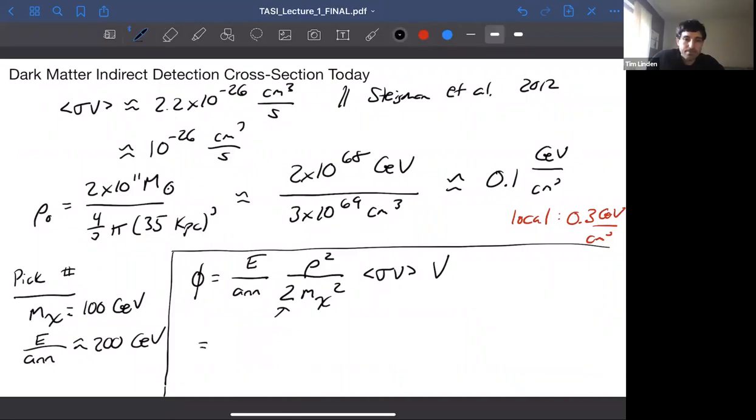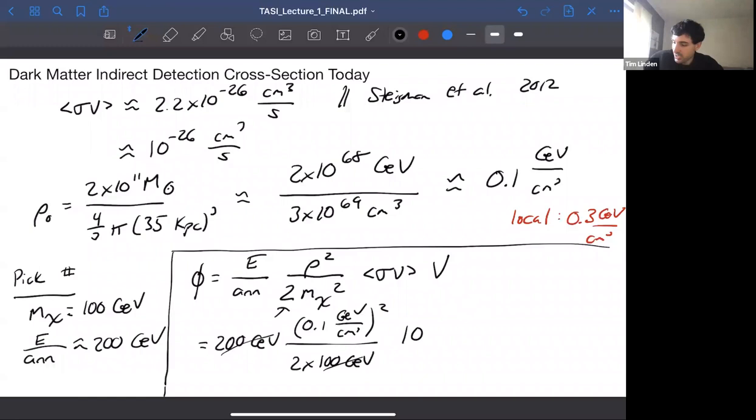So if I throw this in, this is 200 GeV, times 0.1 GeV per cubic centimeter squared, over 2 times 100 GeV. So that cancels, very nice. This is 10 to the minus 26 centimeters cubed per second, that's the cross section. And the volume was 3 times 10 to the 69 centimeters cubed.